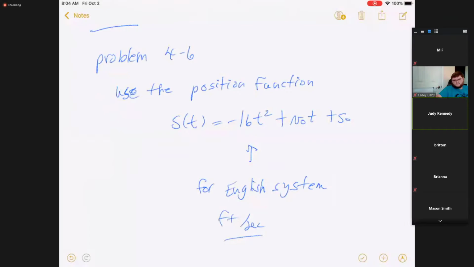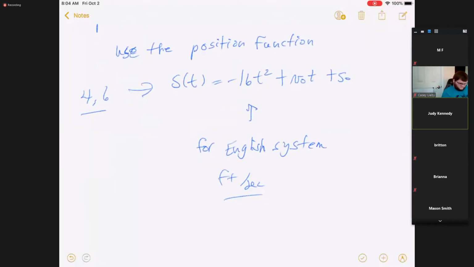But for problem 5, that's given in terms of meters per second and meters. So the position function should change to this.